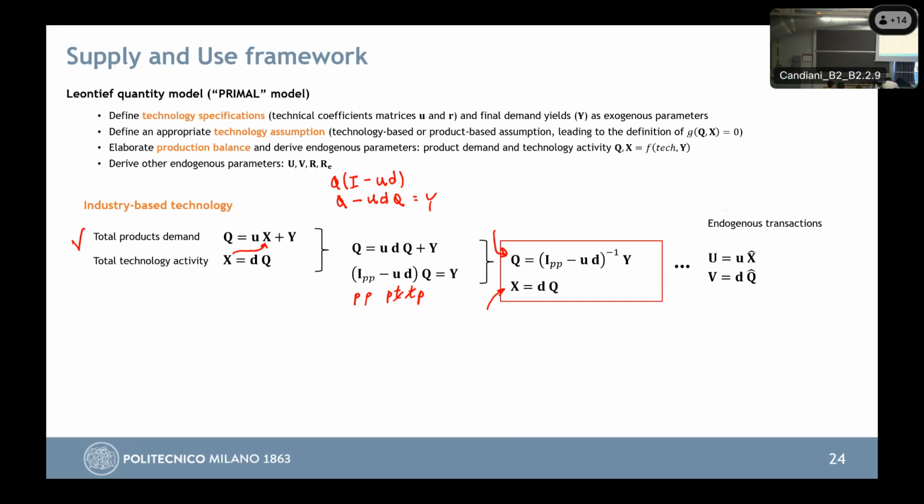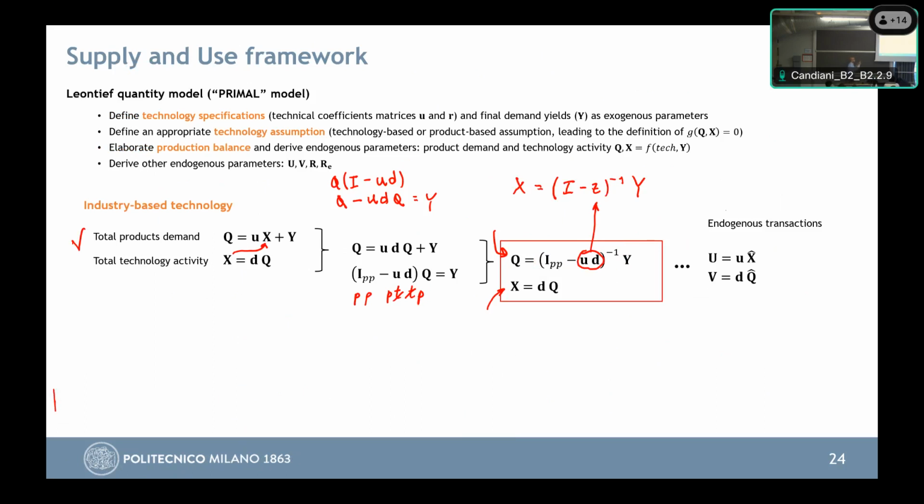Now, here's the point. This is very close to what we have just seen in the previous standard input-output analysis, because if you remember, we had the total technology output X simply as a function of I minus small z inverse times Y. What U times D represents is actually the small z of the standard input-output analysis.